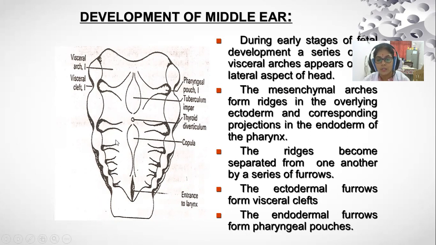Those are the furrows there. The ectodermal furrows form visceral clefts. These are the visceral clefts. The endodermal furrows form the pharyngeal pouch. This is the pharyngeal pouch. So you have an arch, you have a cleft here, and then this is the pouch which is formed.